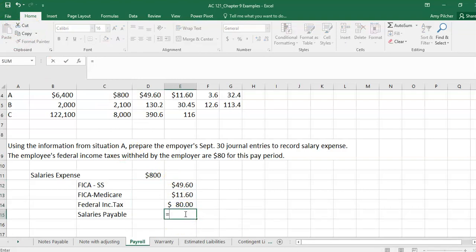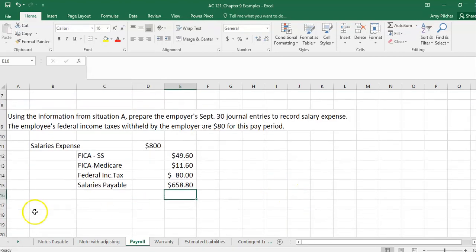So our net take-home pay for this employee is their gross pay minus the sum of all of their withholding, or $658.80.